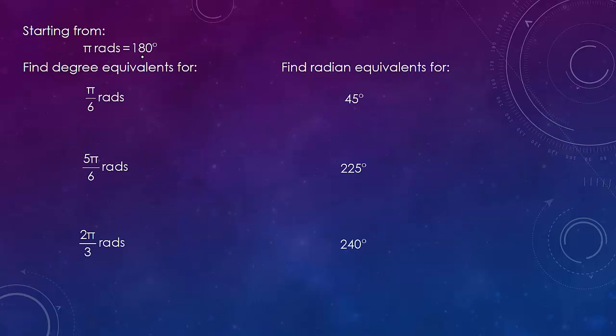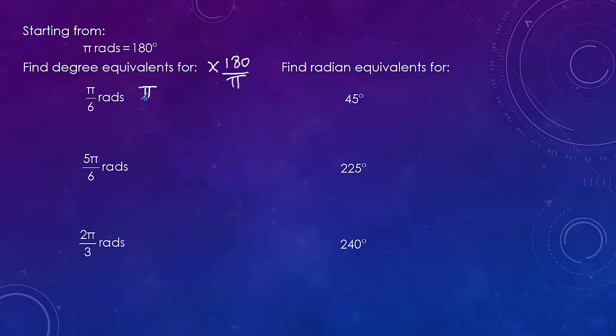Starting from pi radians is 180 degrees, we want to find degree equivalents for the following and radian equivalents for the following here. So if we know that pi radians is 180 degrees, then we can convert radians into degrees by multiplying by 180 over pi.